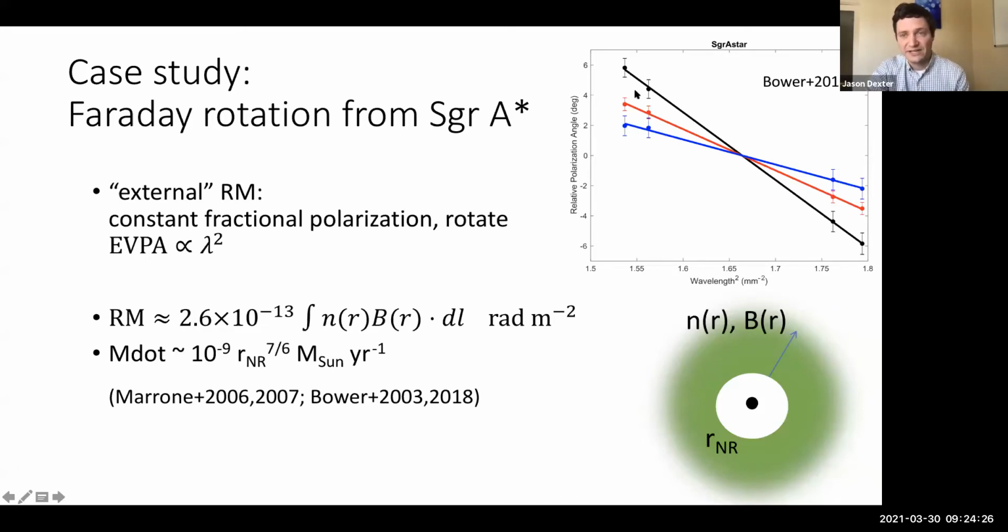Again, the 3 lines are 3 different epochs, showing that even though you have some time variations in Sagittarius A star, it always seems to be following this wavelength squared behavior, as far as we can tell on average, on longish timescales, a day.